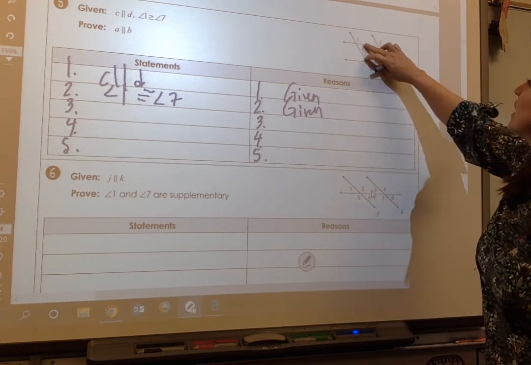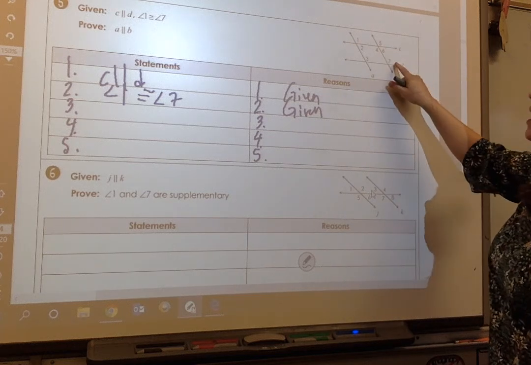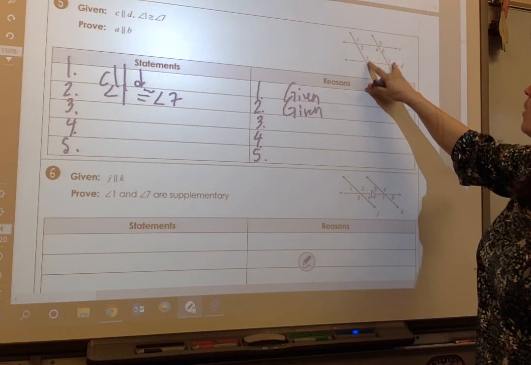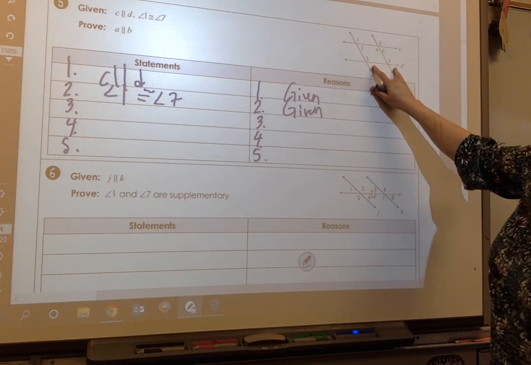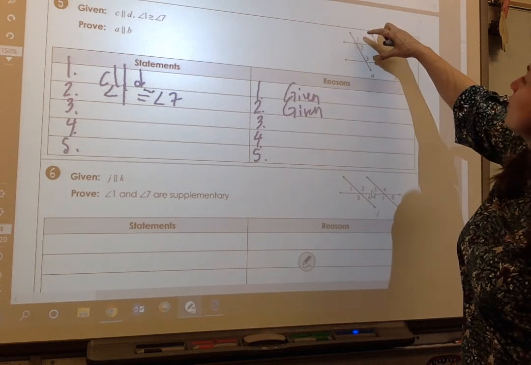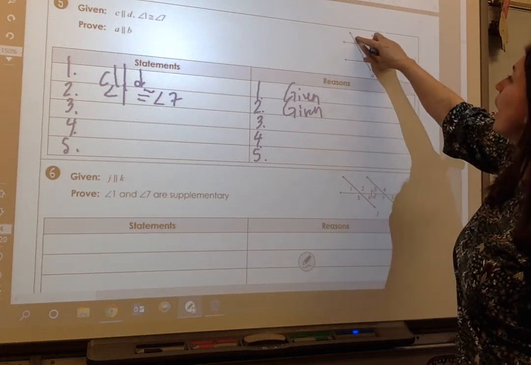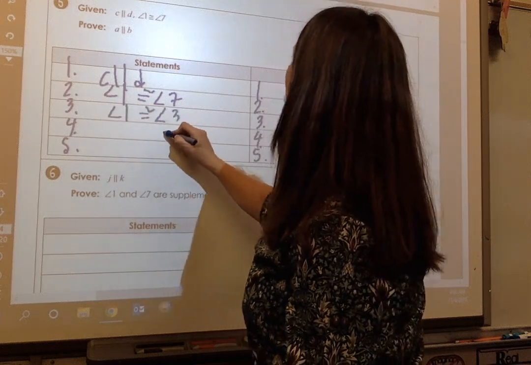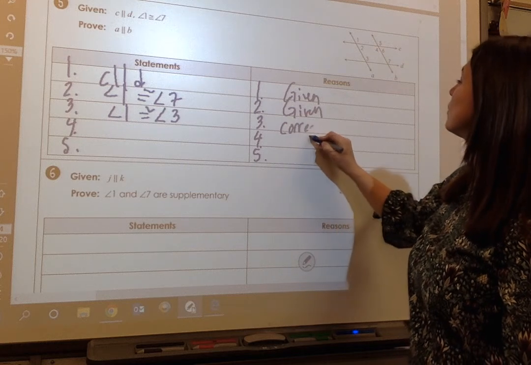I know that C and D are parallel, so because C and D are parallel, I know that angle 1 is congruent to angle 3, because of corresponding angles.